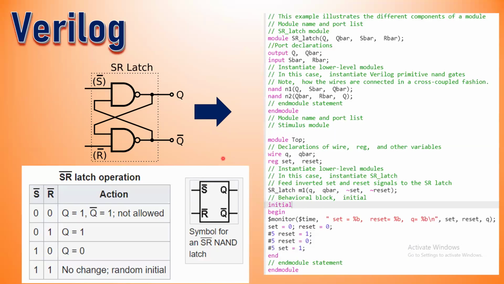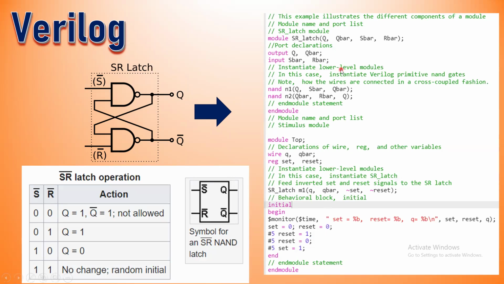Here you again can see the SR latch, and the arrow points to the code I have written. As you can see, the colors used in the code help us understand it better. Again, this is from the previous slide: we've got the truth table, we've got the symbol, and we already know how the latch is going to work. Now, let us understand one by one the syntax of how we have written the code.